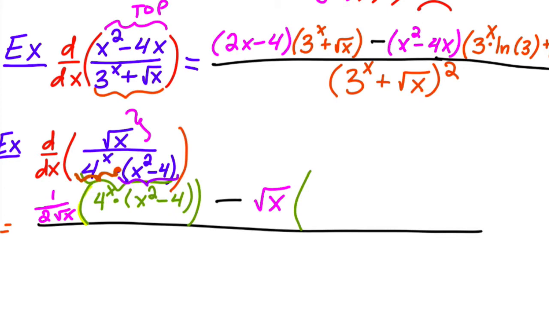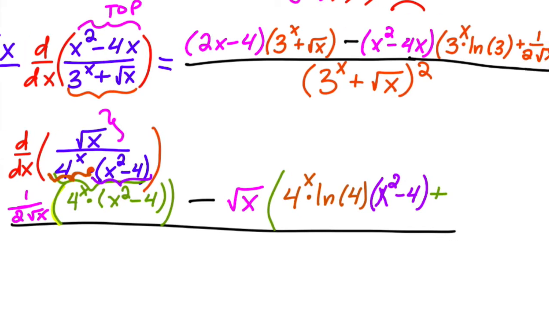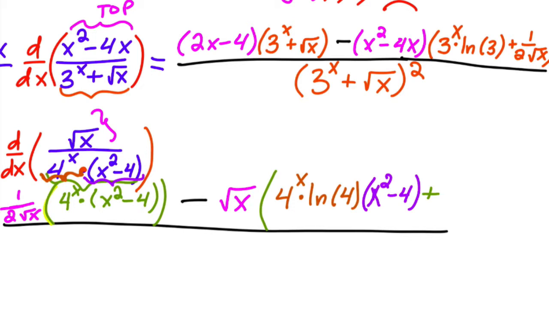So I'm going to do the derivative of the first, which is 4 to the x times natural log of 4, times the second, leave it alone, x squared minus 4, plus the first, leaving it alone, 4 to the x, times the derivative of the second, which is 2x.